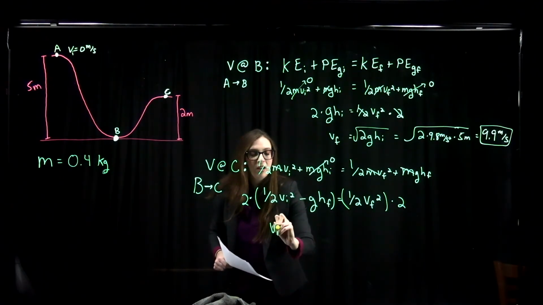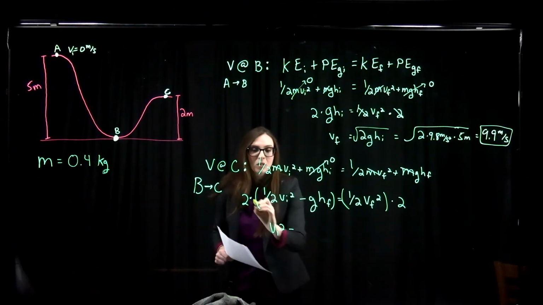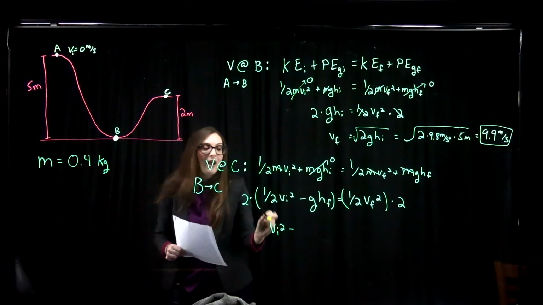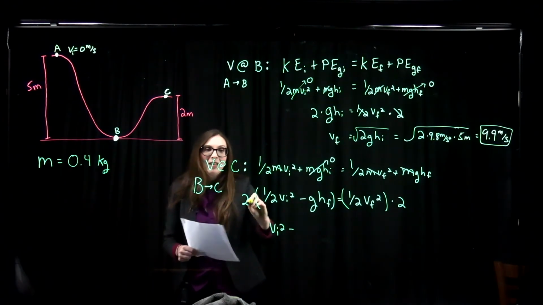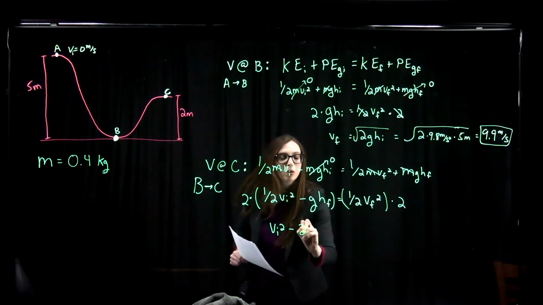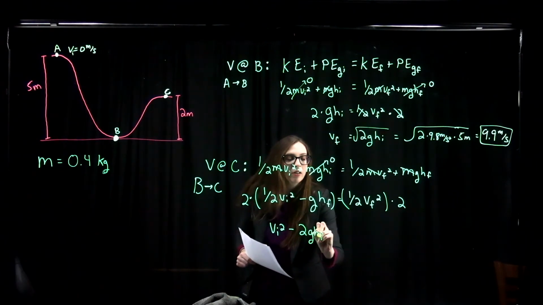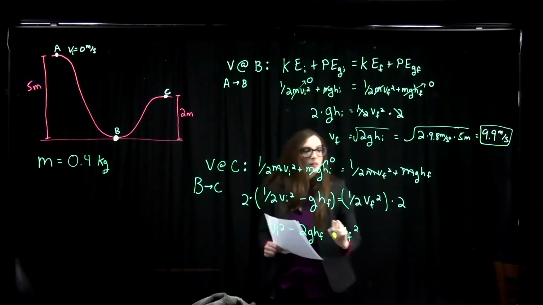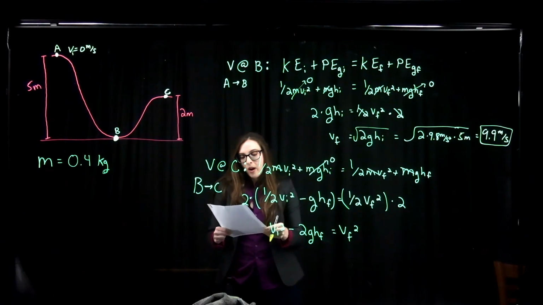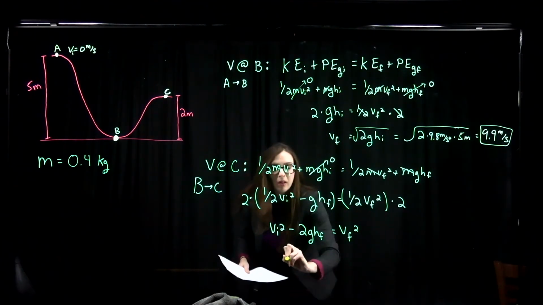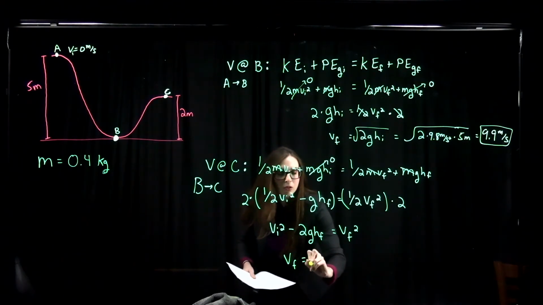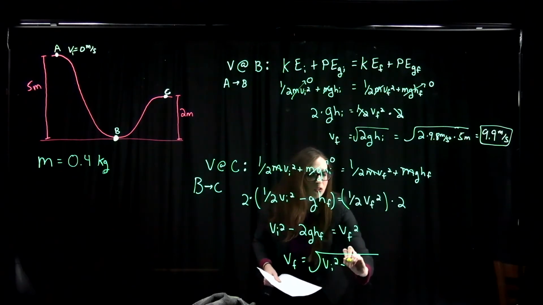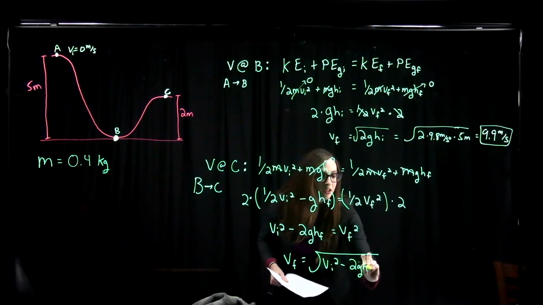So we've got v initial squared minus, we factor that 2 through these parentheses, so 2 times 1/2 is just 1, and then we've got minus 2gh final equals v final squared. Now we just square root both sides. And so v final is equal to the square root of v initial squared minus 2gh final.